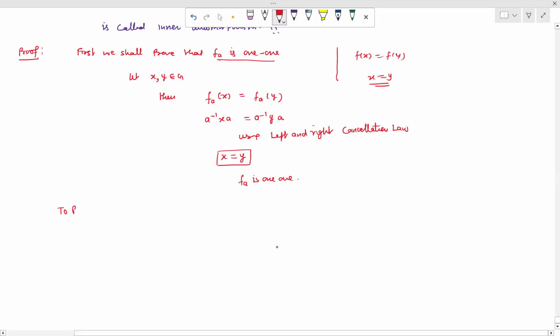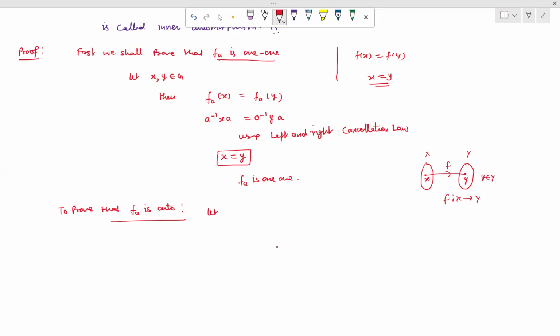For proving f_a is onto, we take an element of set B. Set B means set G, so both are G. The function is defined from G to G. Basically we understand it this way: this is our X, this is Y, with x belonging to X and y belonging to Y, and the mapping defined from X to Y. For proving an onto function, we take y belonging to Y and show that it has a preimage in X. So let y belong to G, because the function is defined from G to G. We take y as an element of this group and show that it has a preimage in set G.